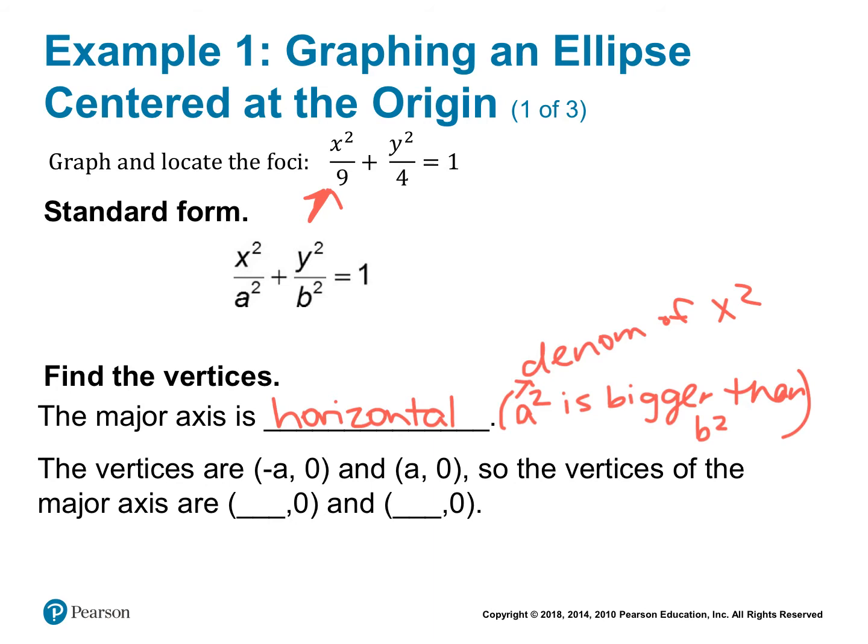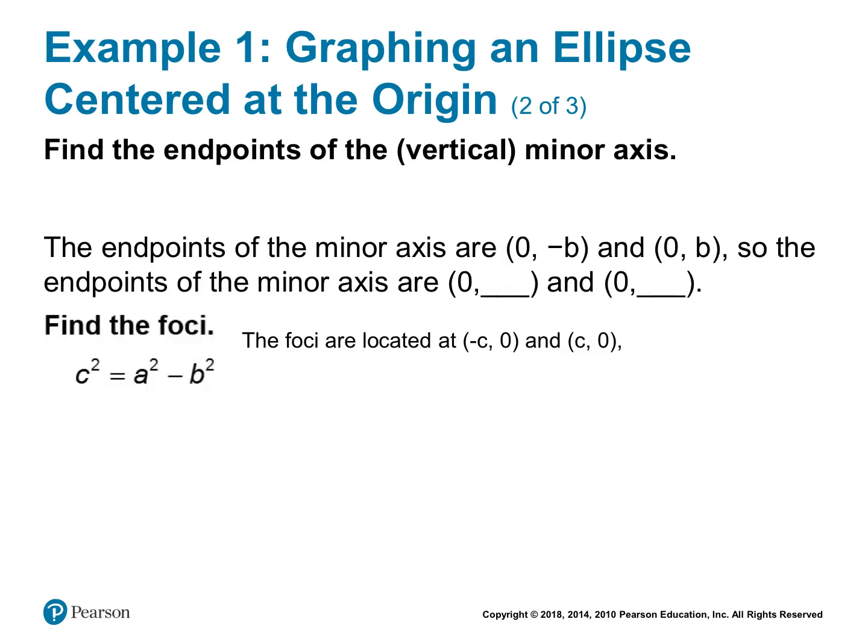Okay, the vertices are negative a, 0, and a, 0. So for the vertices of this one, we're trying to think of what made this number. That would have had to be a equals 3, because 3 squared equals 9. So our vertices are negative 3, 0, and 3, 0. Next, we're going to find the endpoints of the minor axis, which will be vertical, since the major axis was horizontal.